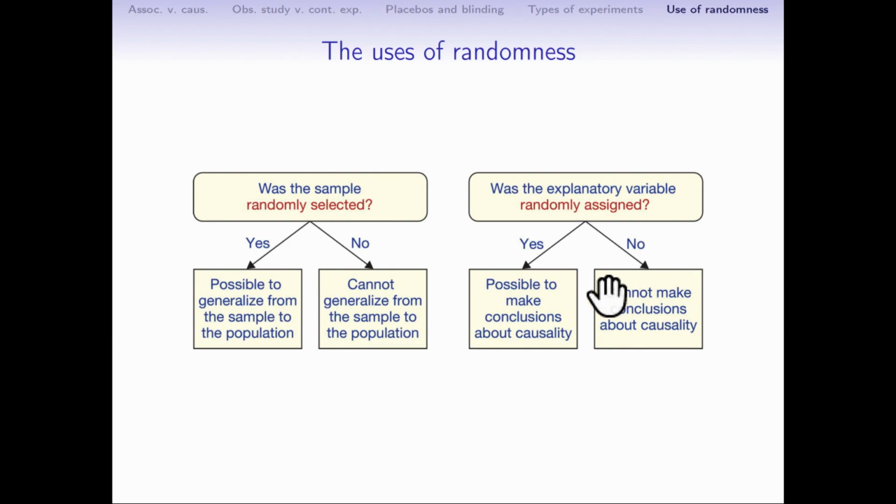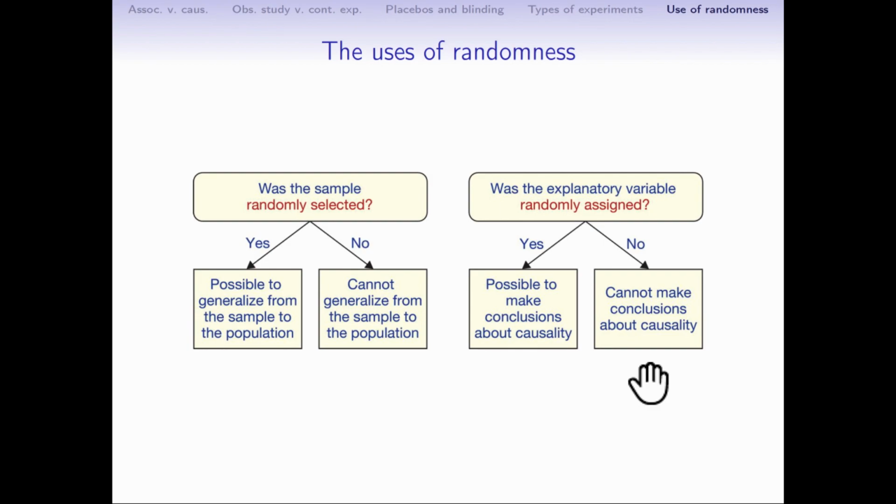If the answer is yes, then it's possible to make conclusions about causality because you have washed out all of the other possible explanatory variables that are present, and you've now concentrated on the one explanatory variable that you're concerned about. So you've created a range of values for the explanatory variable, and you've randomly allocated volunteers into those groups. So you can make conclusions about causality.